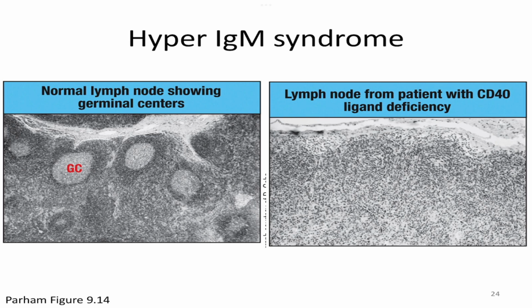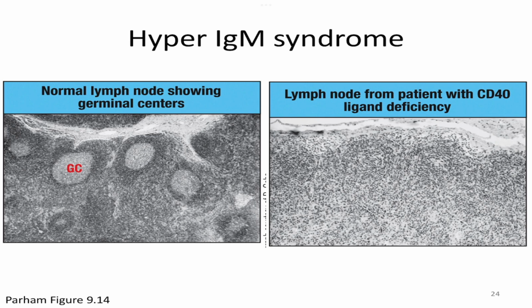There are patients who don't make germinal centers, and because they don't make germinal centers, their B cells can never class switch. They only ever make that early IgM. They don't ever switch to other isotypes. And so they have too much IgM, hyper-IgM syndrome, as well as too little of all of the other isotypes, aka none of them.